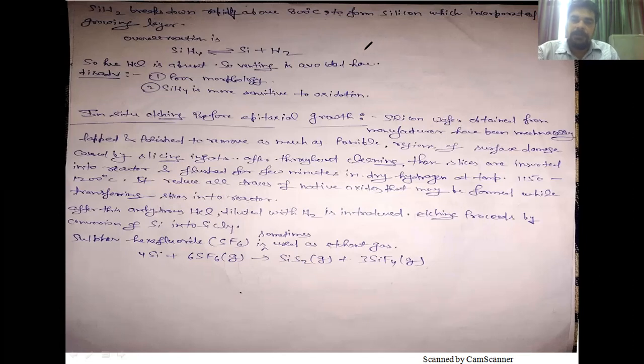What will happen? Certain contaminations, material impurities, and dislocations will be there on the surface of the wafer. So you need to etch the substrate before epitaxial growth.